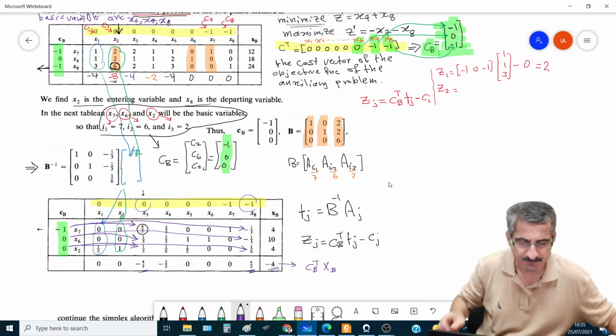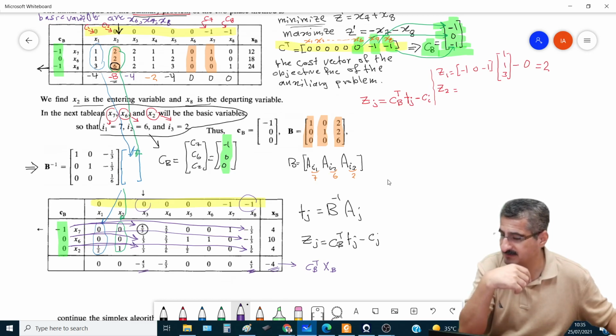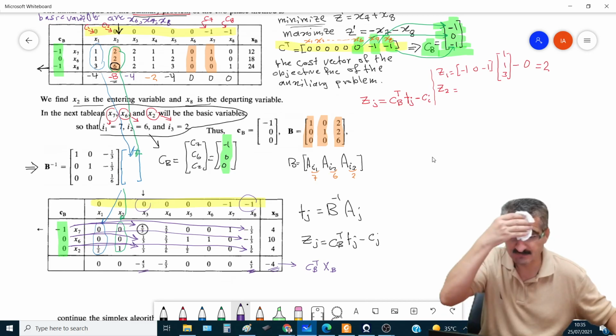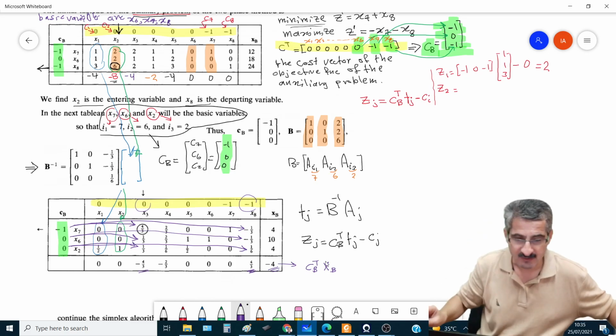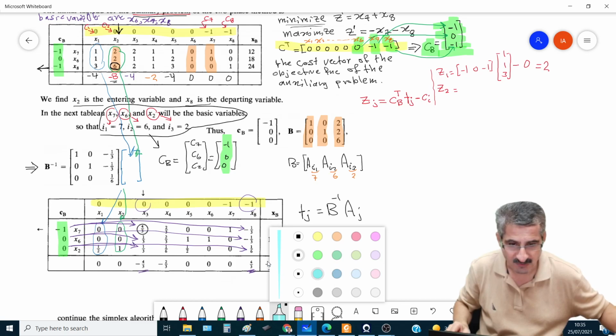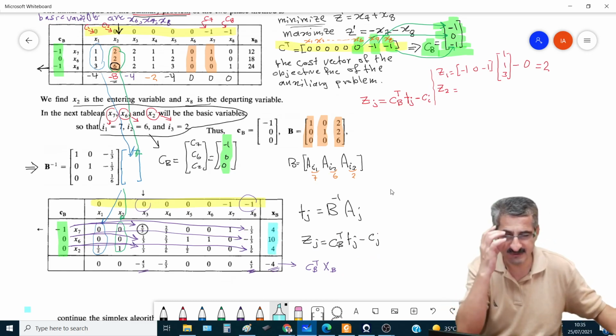What do we do? Do you remember that? Somebody tell me, please. My question is how do I compute that? How did I compute this out of the previous table? Can somebody tell me?